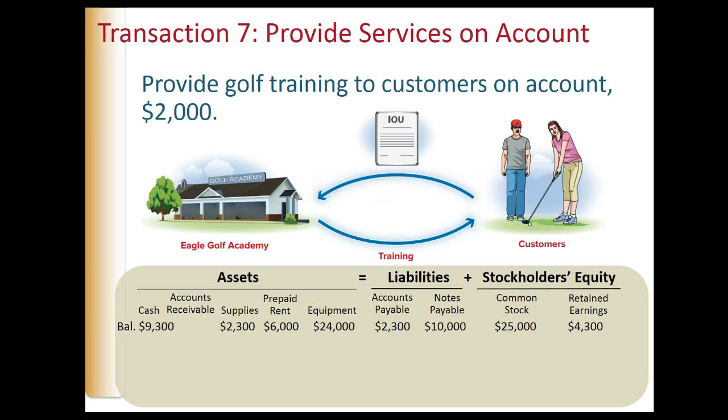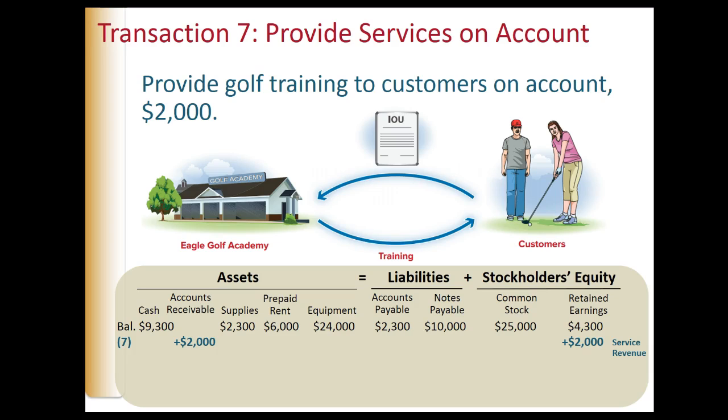This amount that is due to the company is something of value the company owns and therefore is an asset. When a customer does not immediately pay for services with cash, it can be said that services are performed on account and that we record an account receivable.